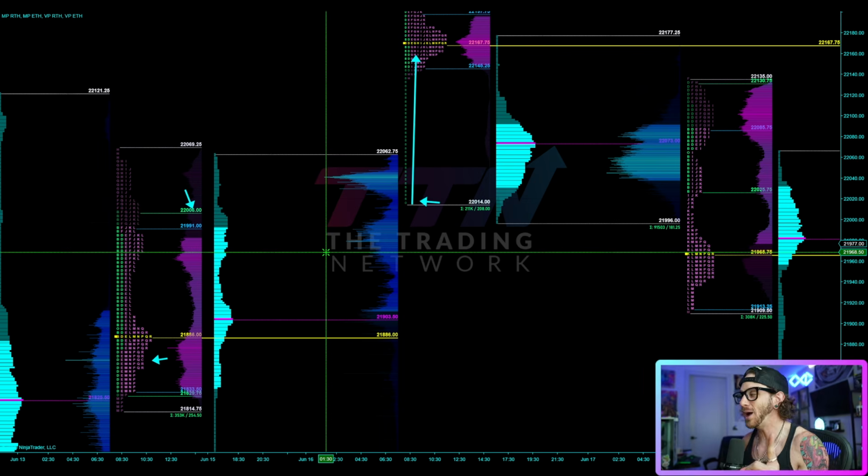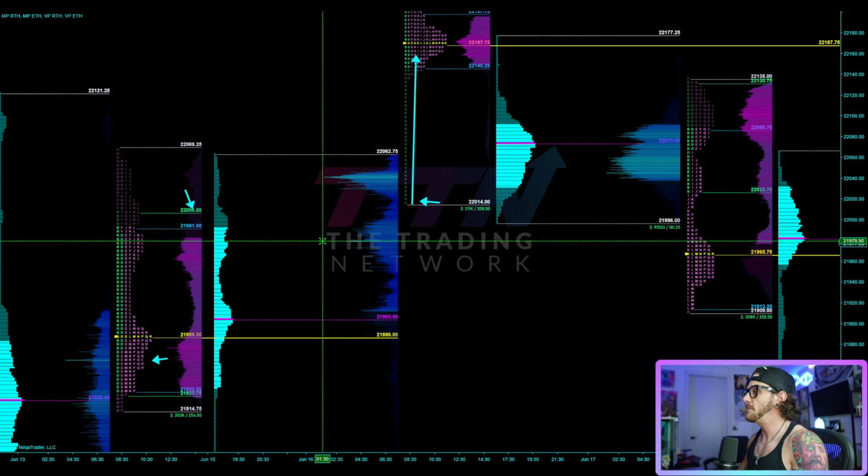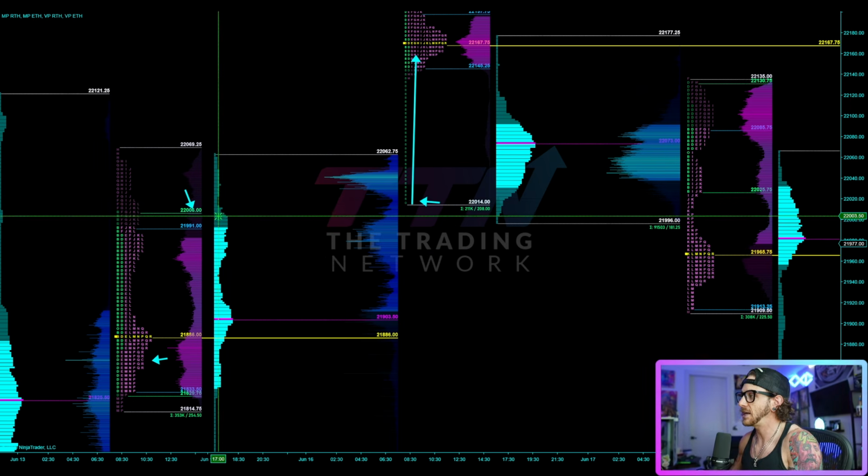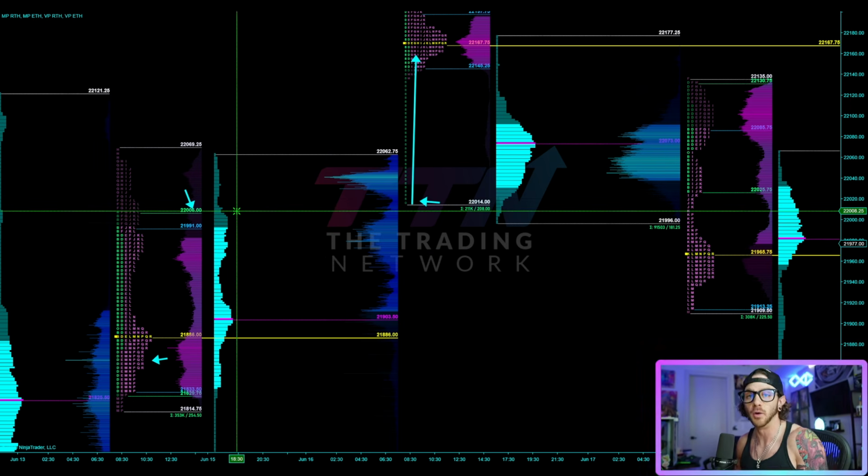That gives you an edge as well. So you can not only take this rebalancing of the inventory as an edge, but if you don't see that rebalancing start to happen off the open, and conversely, you see initiative buying at a level where sellers are supposed to step in, boom, you have an edge to get long.